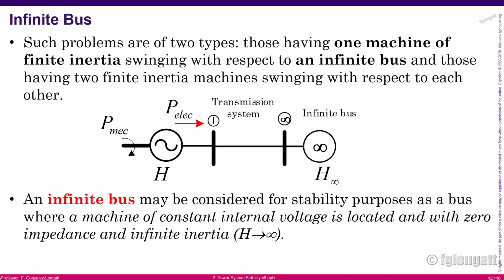What you need to understand is that the infinite bus is a very useful concept that we will be using here. This concept comes from the fact that this machine has such a big inertia that we can consider there are no changes in angle and no changes in rotational speed. Okay.